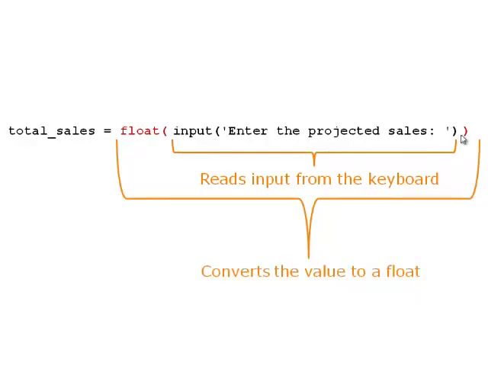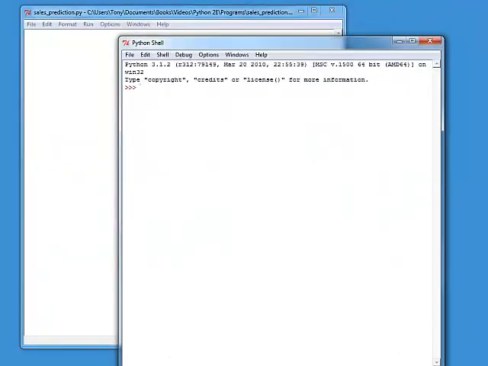The float function converts that value to a floating point number, and then that floating point number is assigned to the total_sales variable. So after this statement executes, whatever value the user has entered at the keyboard will be assigned as a floating point number to the total_sales variable. Okay, so now let's switch over to our Python editor and actually start writing the program.